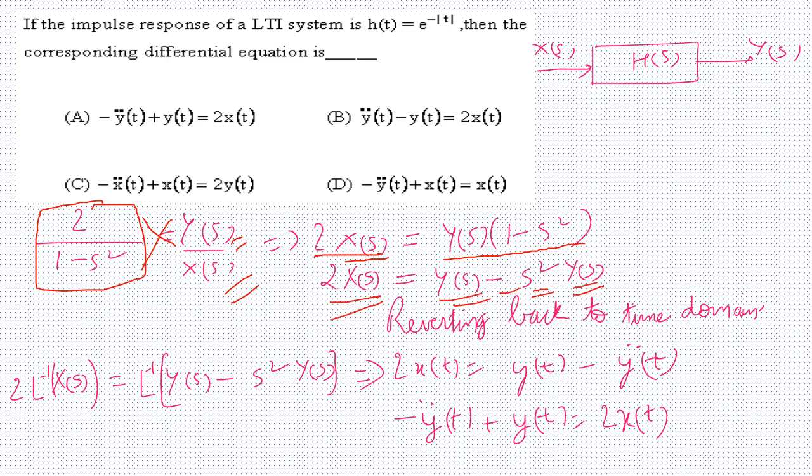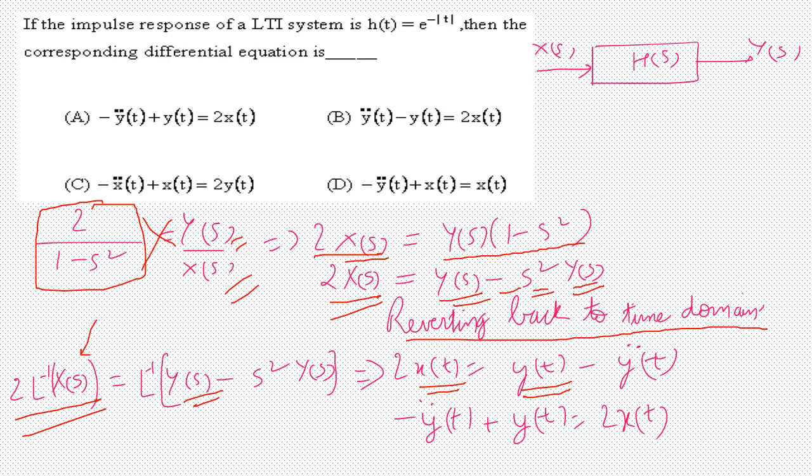Now we need the solution in the time domain, so we'll revert back to the time domain. That can be done by taking the Laplace inverse on both the right and left hand sides. The Laplace inverse of x of s is x of t, and the Laplace inverse of y of s is y of t.